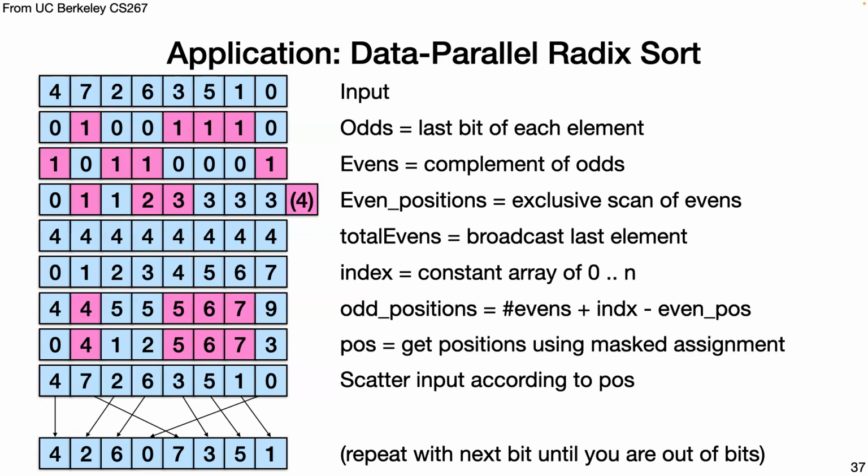Then you would just repeat this whole thing for bit 1, bit 2, and so on. But the main thing to notice is that this relied on being able to do parallel prefix. If it wasn't parallel, it would be n at each step. But now the span for this entire thing is log n.